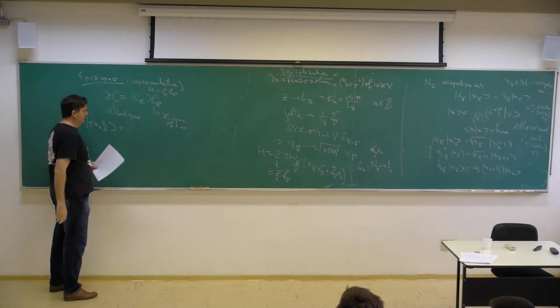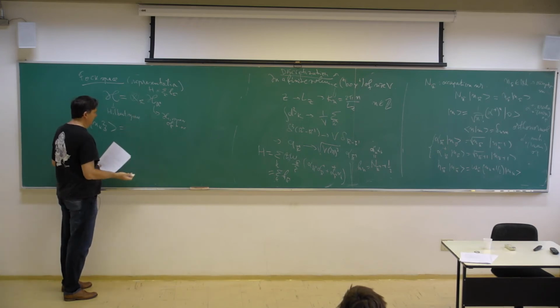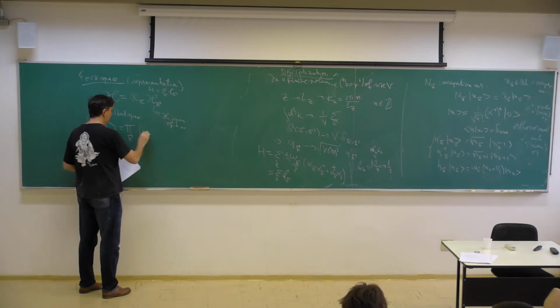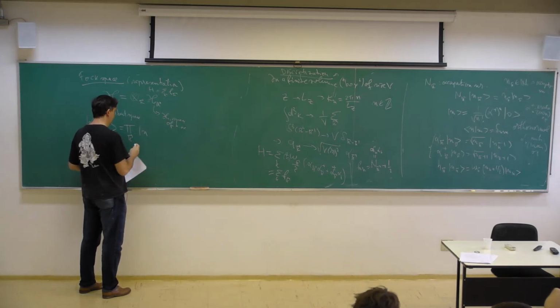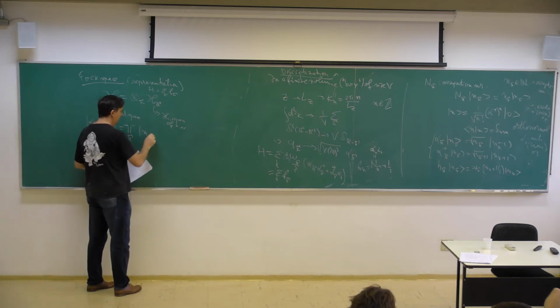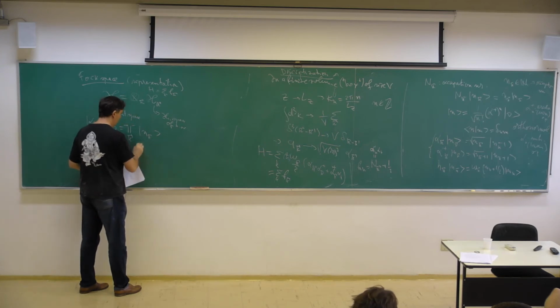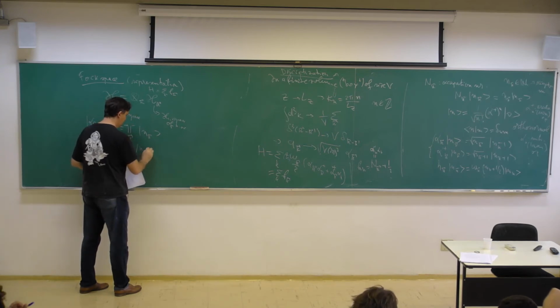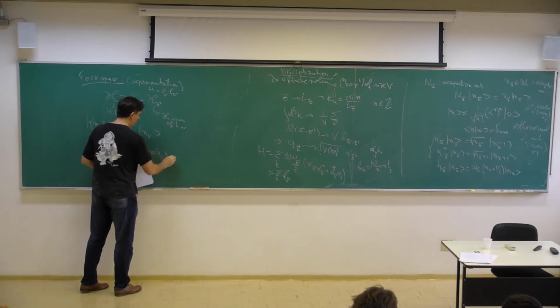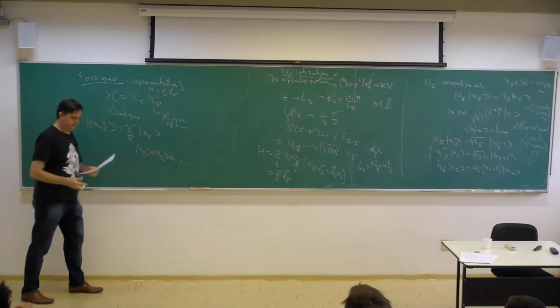But this is just a product space, a tensor product space, therefore the state itself can be thought of as a product, or tensor product if you want, of these n_k's. So let's say n_k1 times n_k2 times dot dot, right?